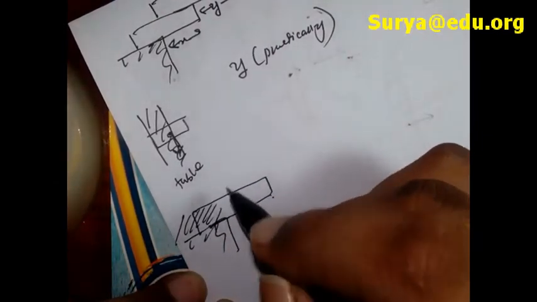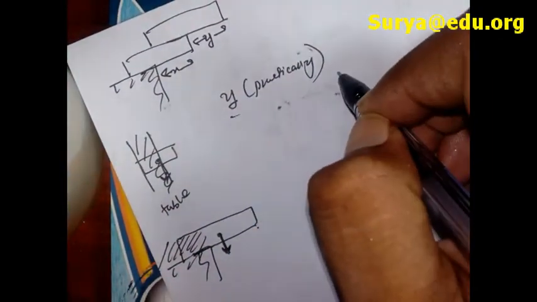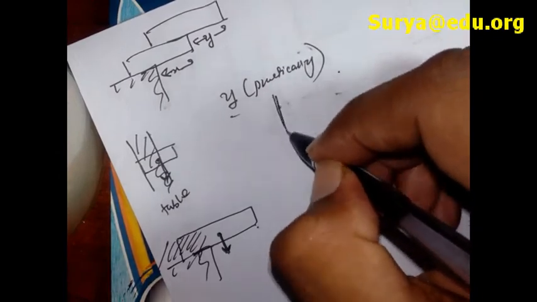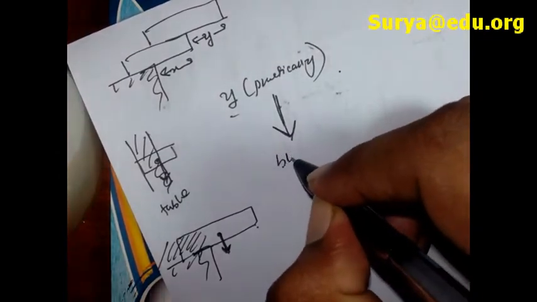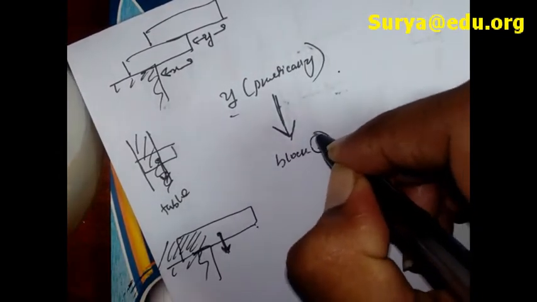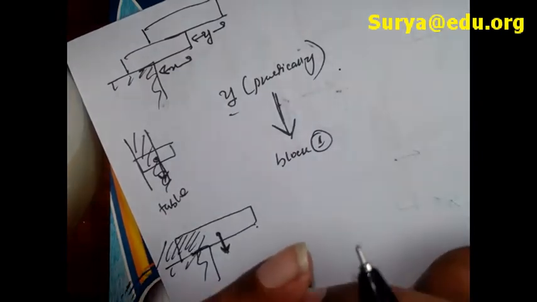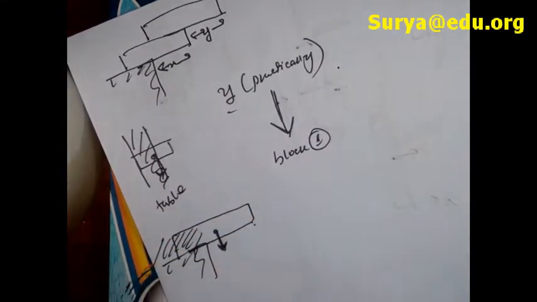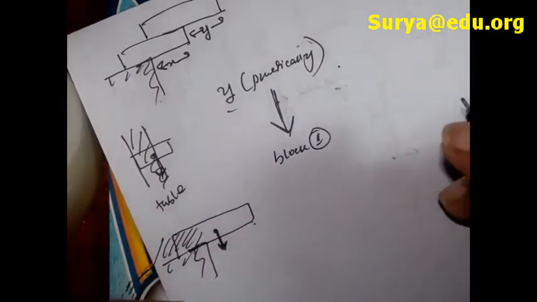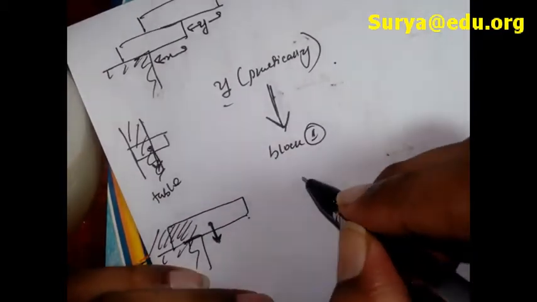That means definitely this block will tend to fall down. So practically you have to analyze y. Then you have to analyze block 1. How are you going to analyze block number 1? That is by calculations.